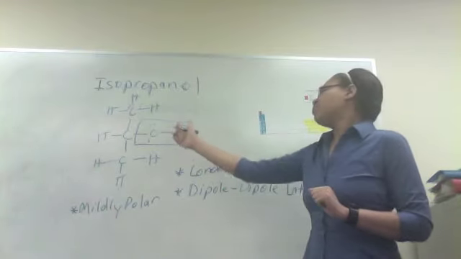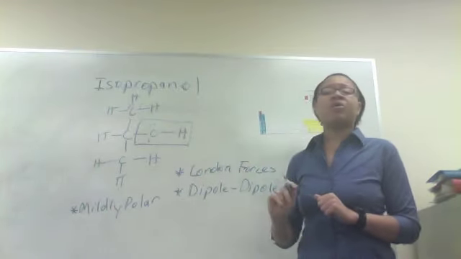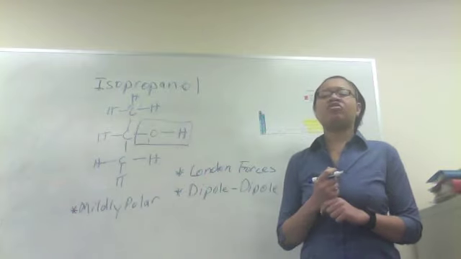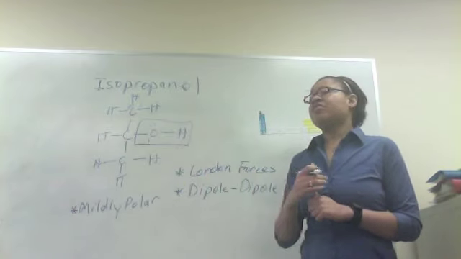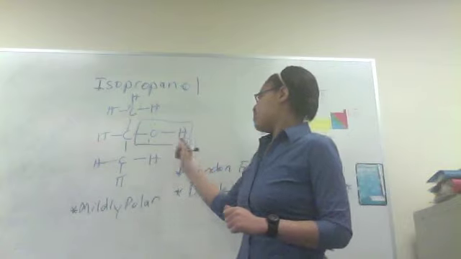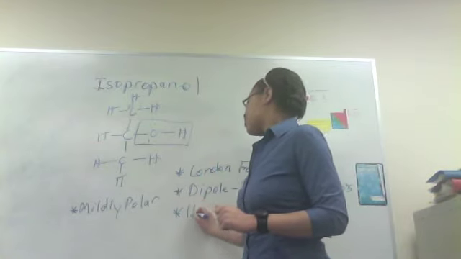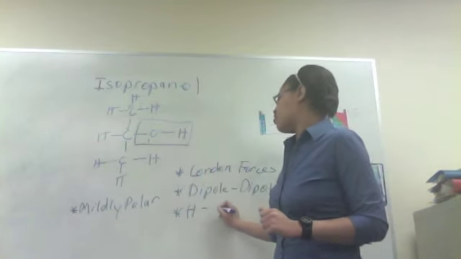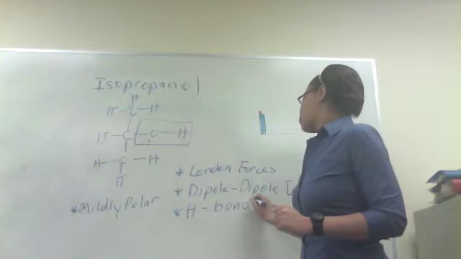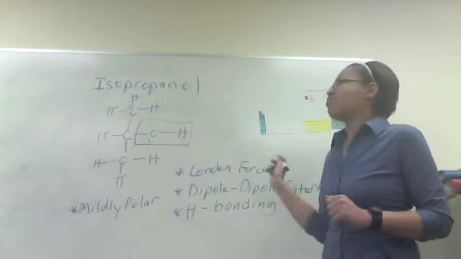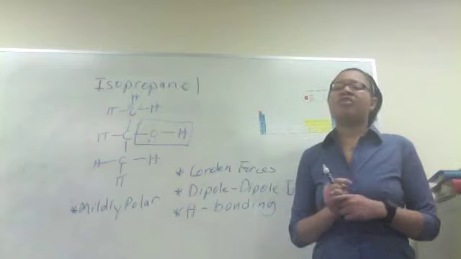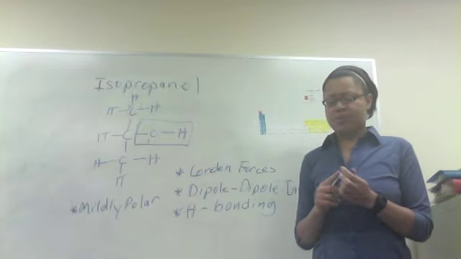In addition, isopropanol has an OH bond, a hydrogen that is bonded to an oxygen. So because of that bond, we will expect isopropanol to have hydrogen bonding. So we have 3 different types of intermolecular forces that are available for isopropanol.